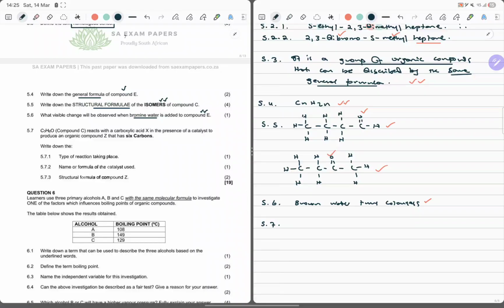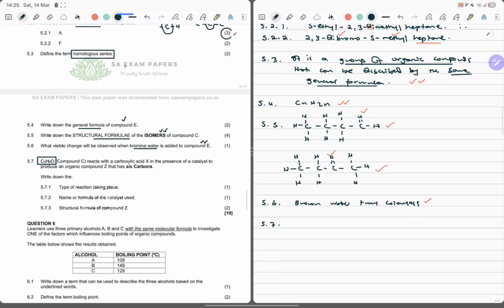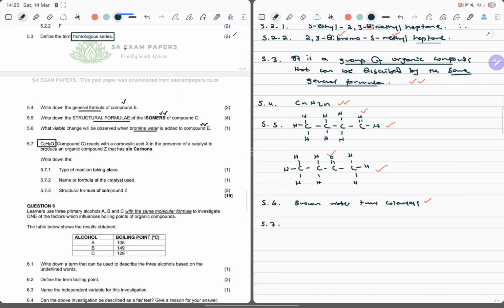C3H8O. Okay. Now what is this? Is that compound we talked about, which is B. Compound C. Yeah, no, this is B. So it reacts with a carboxylic acid. Okay. In the presence of a catalyst. By the way, if we react an alcohol, a primary alcohol, and a carboxylic acid, we know that this is esterification.